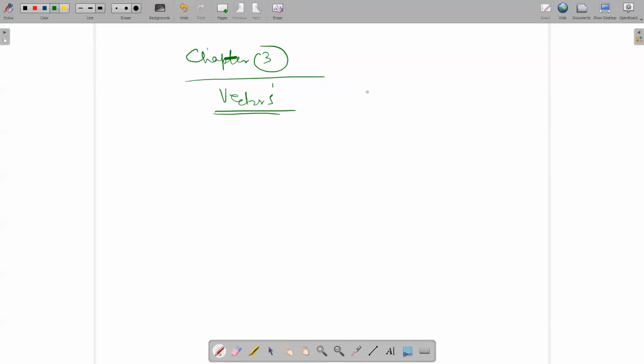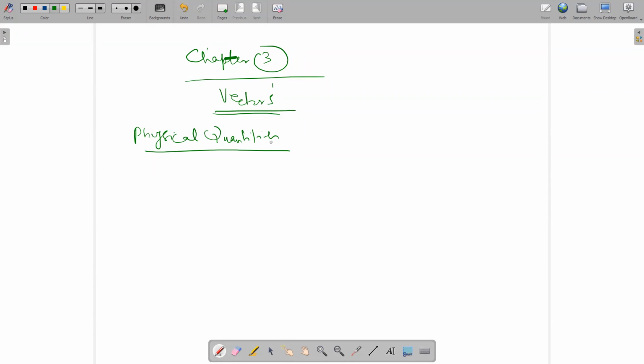So first I'm starting this chapter from the previous concept, which I have given you in chapter number 1. In chapter number 1, we discussed the physical quantities, and then we discussed the 7 basic physical quantities. You remember that physical quantities are those quantities which can be measured with some instrument.